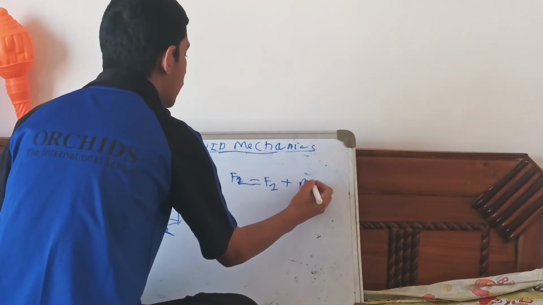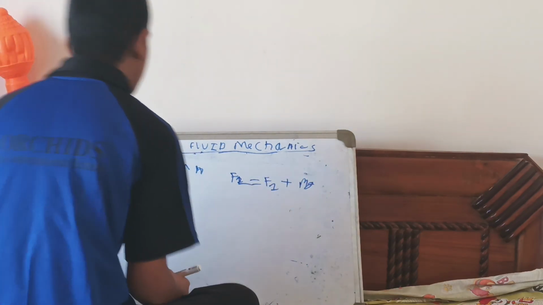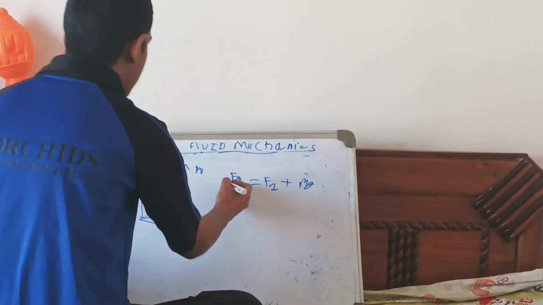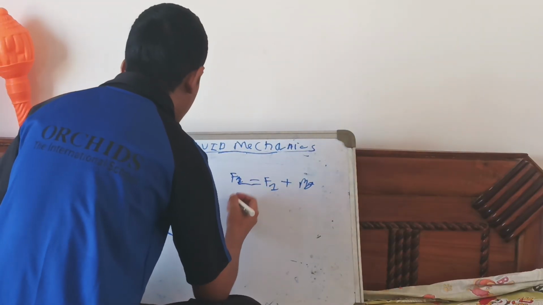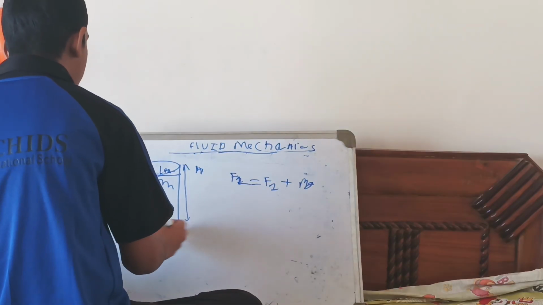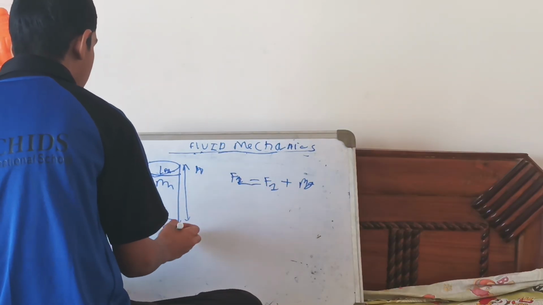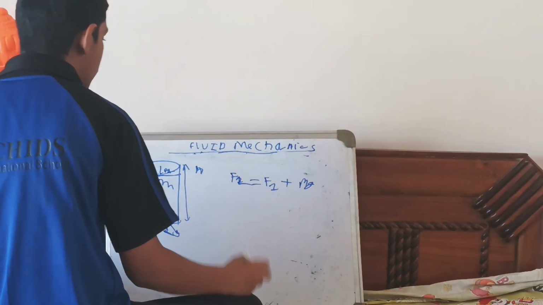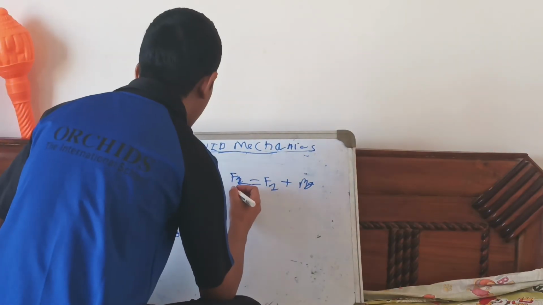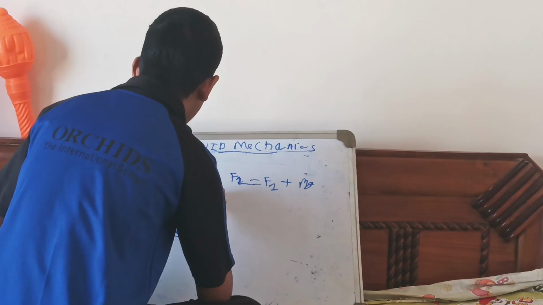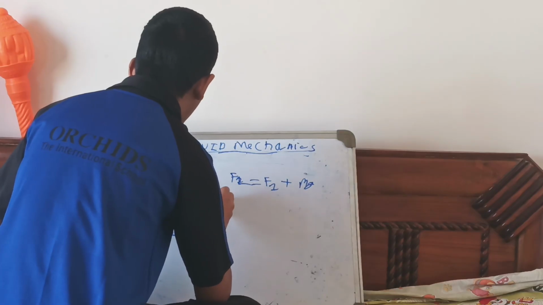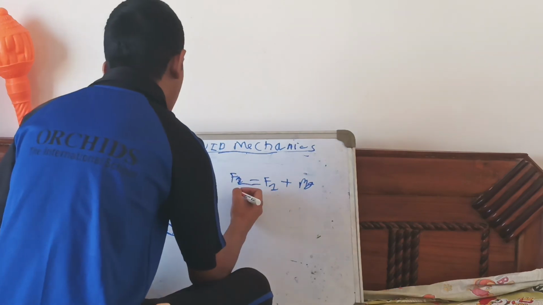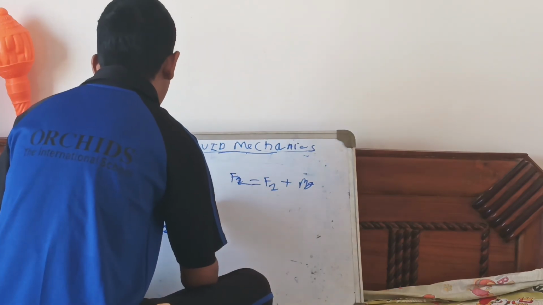I hope you know, you have studied in kinematics. The area of the cross section be A, this is a cylinder, and the density let be rho, and volume be V.